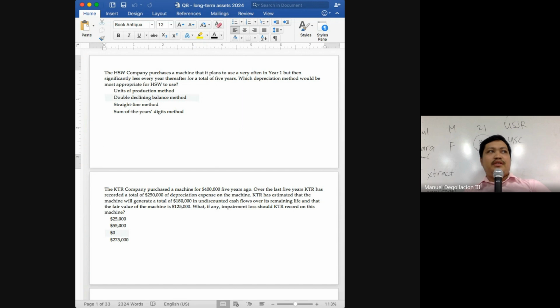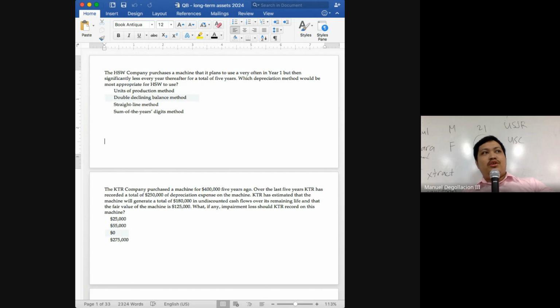So how then do we decide between the two? What's the behavior of your SYD? Again, the depreciation is decreasing. But you will notice, if you've answered problems before, the depreciation expense under the SYD method, while it is decreasing, the amount of decrease is constant or regular. But under the double declining method, from the name itself, the decline would be double.